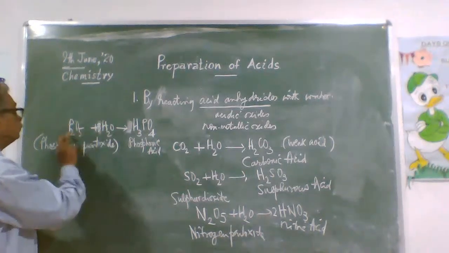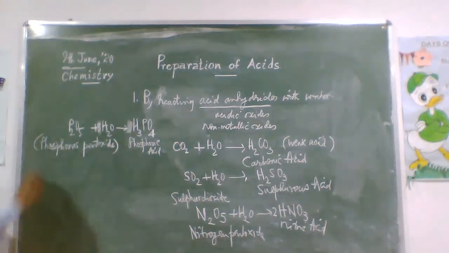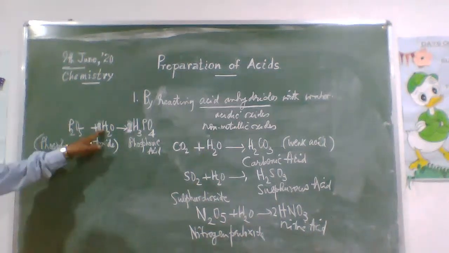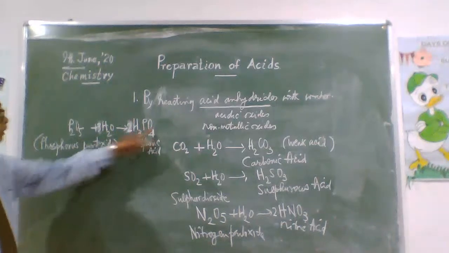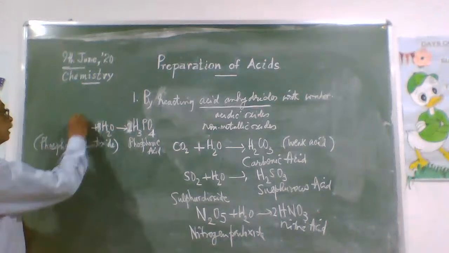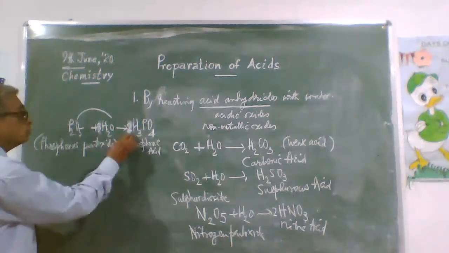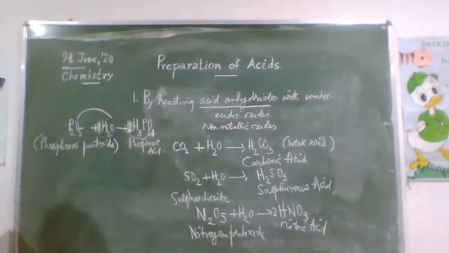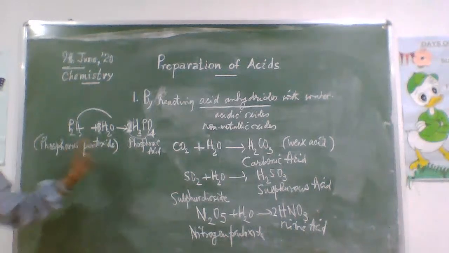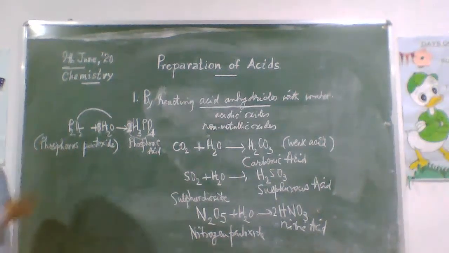With 3 H2O and 2 H3PO4, 6 hydrogen atoms are accounted for, and 5 plus 3 is 8 oxygen atoms on one side, 8 on the other, and 6 hydrogen. It balances. So this is the trial and error method of balancing. I have done it deliberately in this manner so that you can understand how to balance by trial and error. I could have written the correct one first.